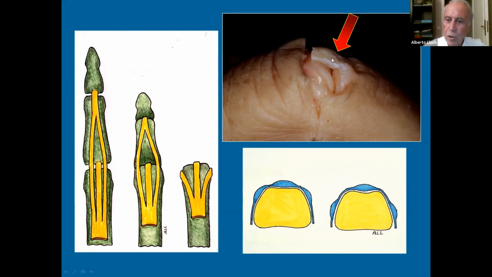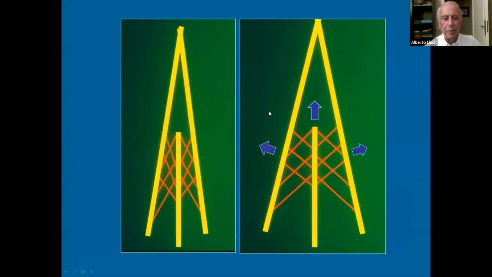This is the reason why there is a thickening here, like a patella. But the extensor tendon doesn't go really to the very end of the joint. Well, maybe the dorsal fibers, but not the anterior fibers.